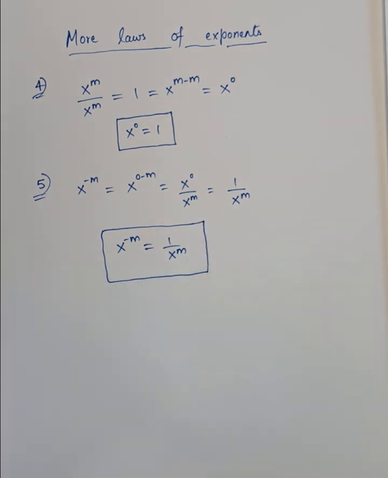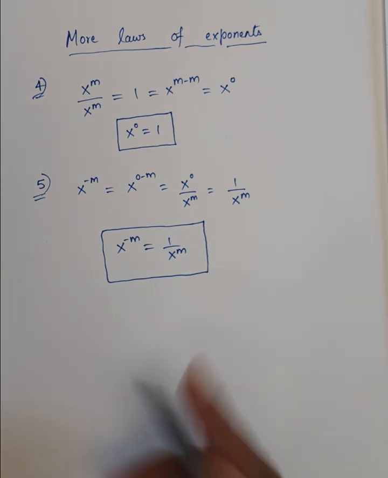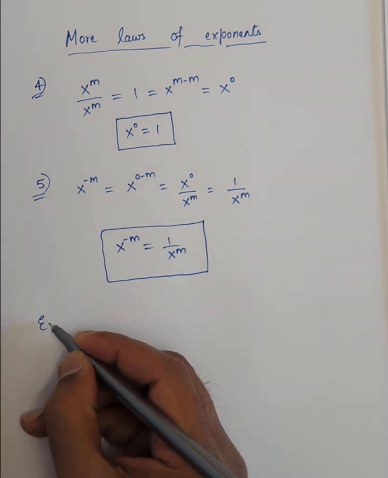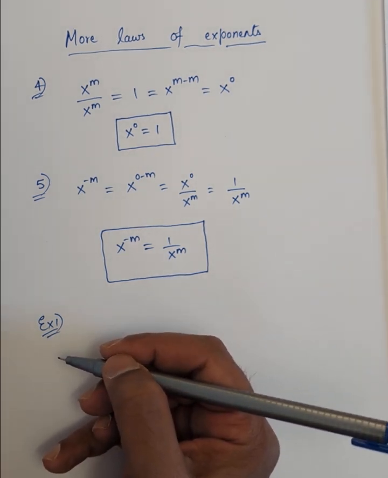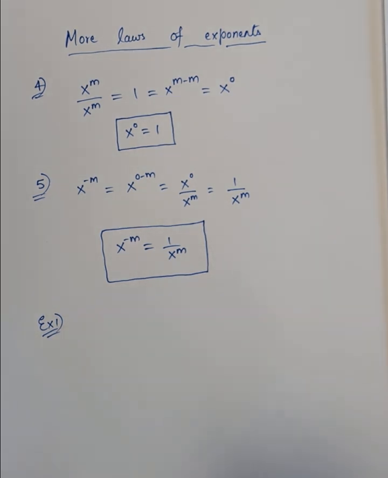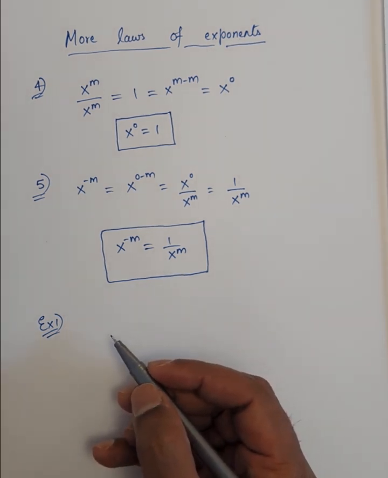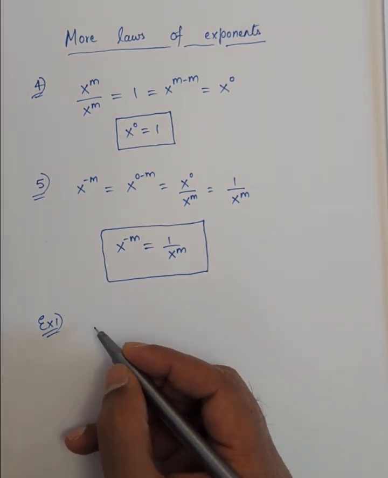Now we looked at all of these rules individually, but in examples you may have to combine two or more of them in order to simplify an expression. So sometimes you'll be asked to simplify.